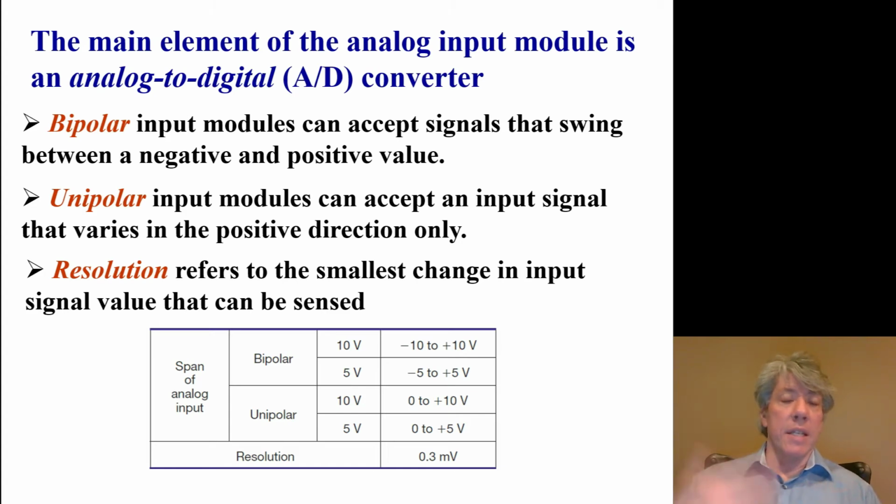Now, of course, that's an example of a voltage signal, but there are also current signals. Now, in an analog input module, another thing to consider is whether it accepts a signal that is bipolar or unipolar, and what the resolution is. Now, bipolar means that the level of the signal can go positive and negative. So maybe current can flow forward and it can be made to flow backward.